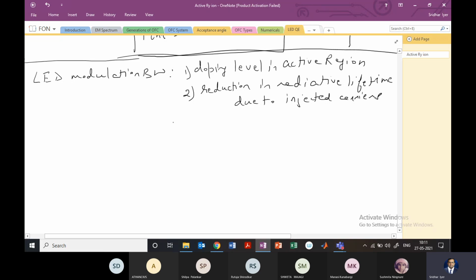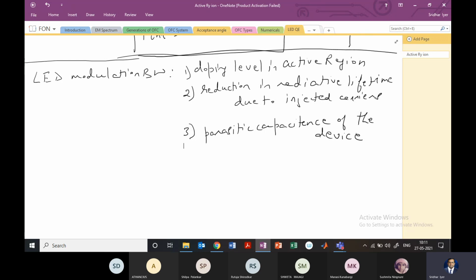The modulation will depend on that, and on how much of the radiative lifetime will reduce because of injected carriers. That means how many of these carriers will convert into radiation, how many will remain non-radiative, and the last one is the parasitic capacitance of the device.